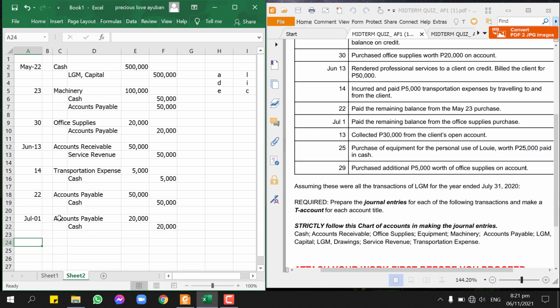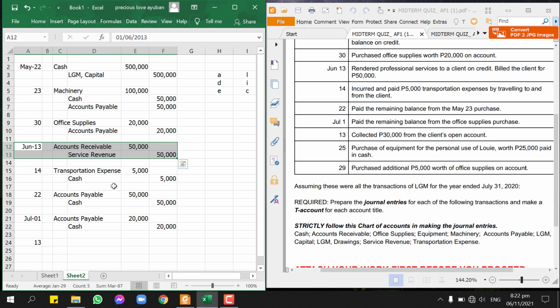Next, July 13, collected 30,000 from the client's open account. So, ang tinutukoy nitong transaction ng July 13 is yung transaction June 13. So, eto, sabi nakakolekta na daw tayo from the client's open account. So, eto yun, yung account receivable, yung tinutukoy na client's open account.